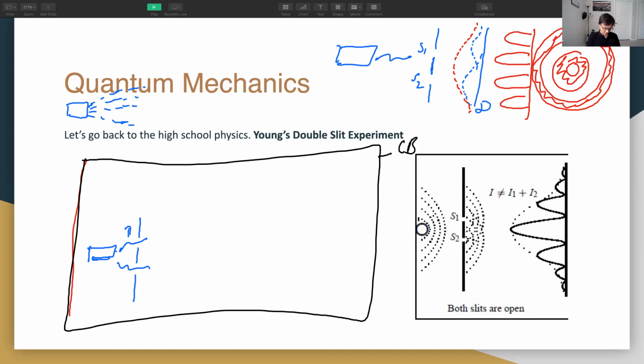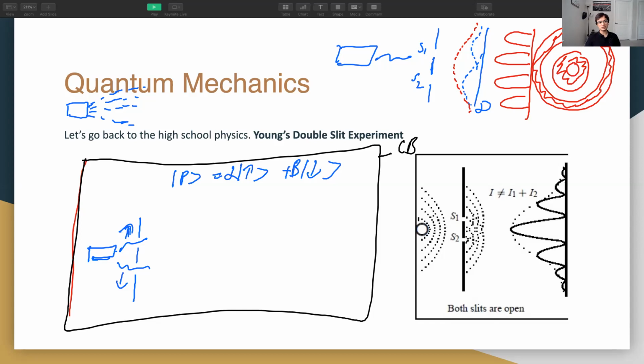So if this is my upper slit, and this is my lower slit, the wave function is going to look something like it has both the upper slit and the lower slit. The probability of going through the upper slit is alpha. The probability of going through the lower slit is beta.